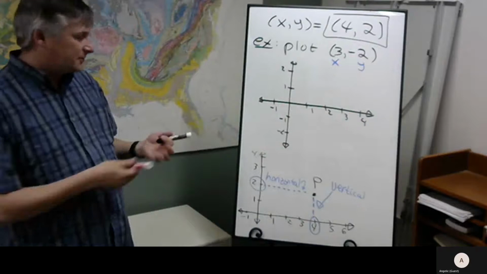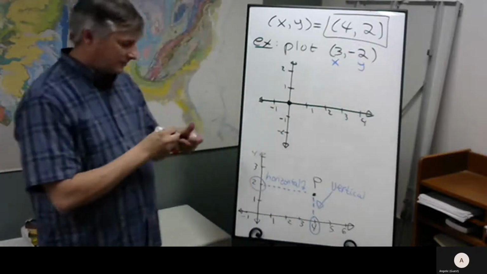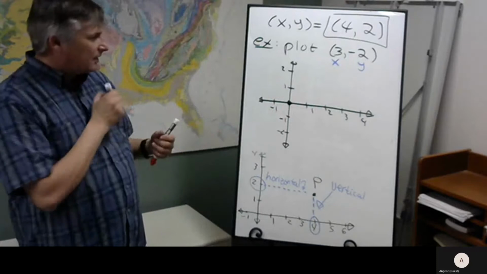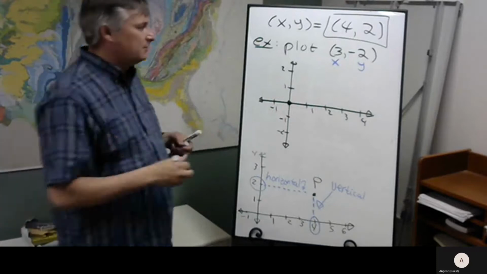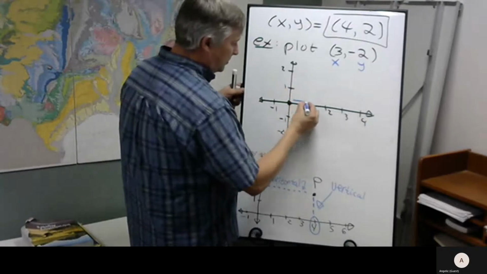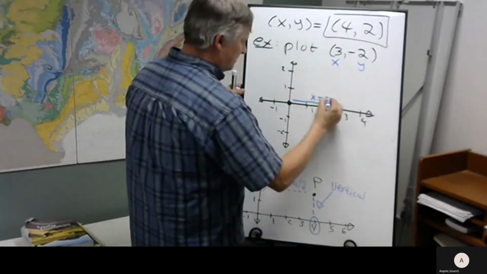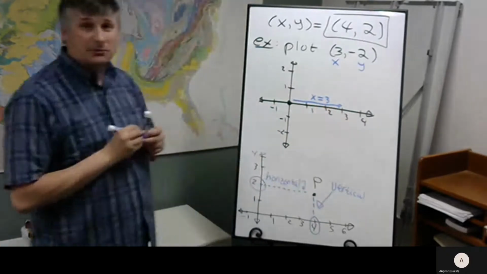So the way we plot this is we can start from the origin. And from the origin, the first thing we're going to do, since x equals 3, is go out to the value x equals 3.